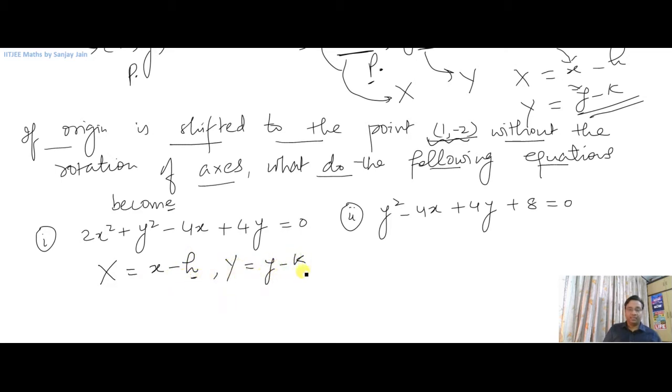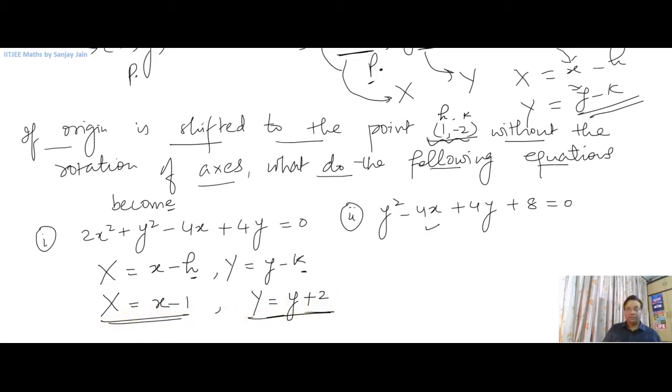Now what are h and k? In this case h is 1 and k is -2. So my new coordinates, in terms of capital X and capital Y, will be X = x - 1 and Y = y - (-2), that is y + 2. In the equation also I'll have these as my new coordinates.